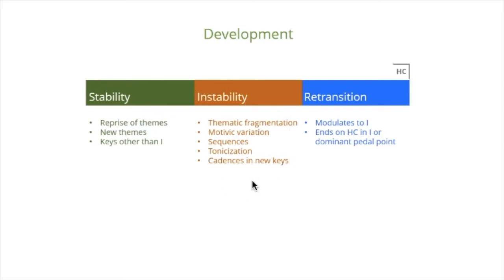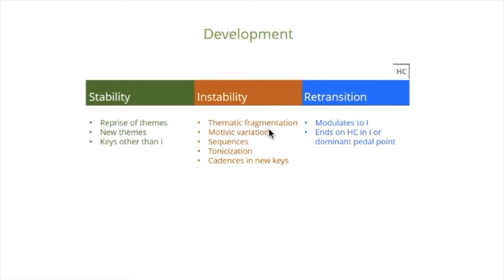And secondly, instability. So under instability, a few key points here: thematic fragmentation. This is as opposed to the longer phrases like a 4+4 parallel period. Instead of that kind of symmetrical phrase structure, maybe just a motive and it gets sequenced, and a fragment of the previous melody going through sequence, going through repetition, going through modulation or change of key.